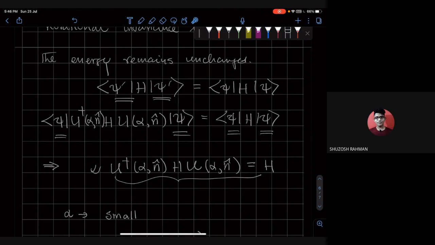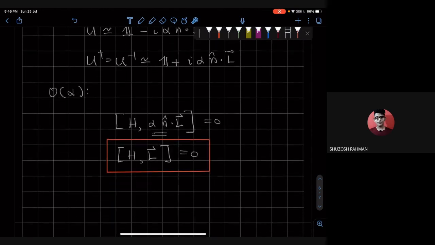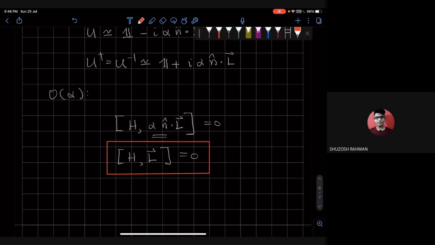If it's true only for a special state, we cannot say this is a rotationally invariant system. I will give you an example of such a system and such a state. Okay. So this is what it means for rotational invariance.